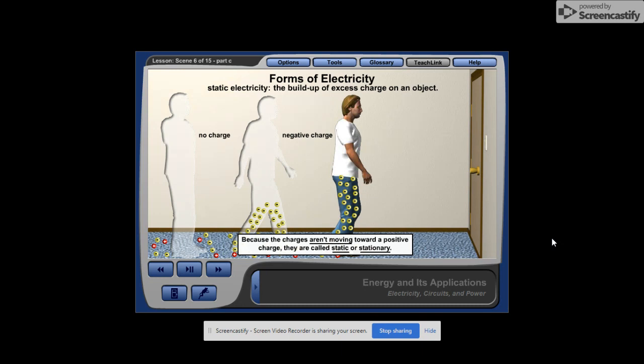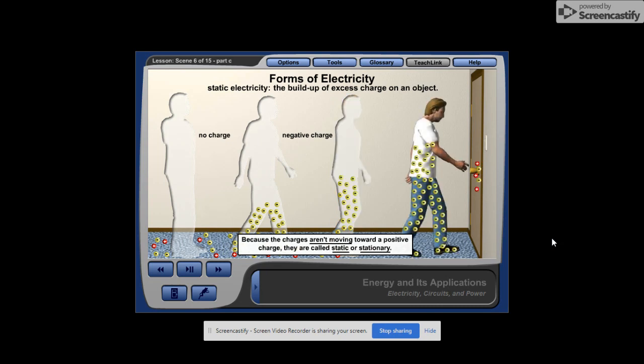So how come you feel the shock when you touch metal, like a doorknob? When you reach out to touch the doorknob, the electrons covering your skin follow the law of electric charge. They force negative charges on the doorknob away from the surface, leaving the positive charges at the surface.